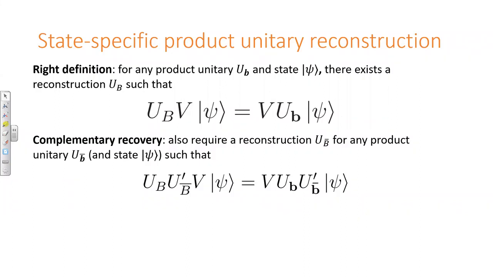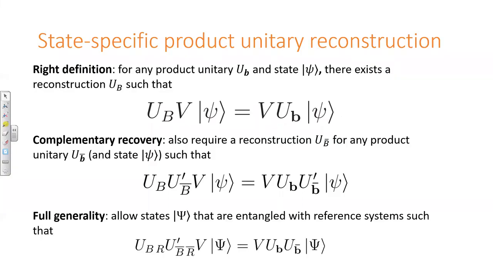Okay, so we're also wanting to require a notion of complementary recovery, just like Daniel did. So we're also going to require that there's a u big B bar that reconstructs any product unitary u little b bar, where little b bar is the complement set of subsystems to little b. And of course, we want to generalize this a bit more to cope with mixed states in the bulk.